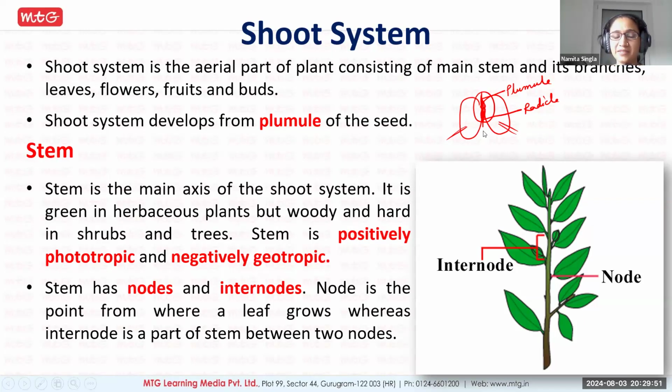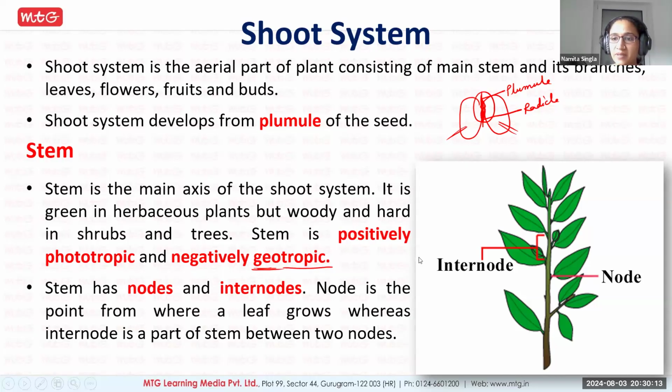Okay, Shaurya Agarwal. Yes, Shaurya. Ma'am, I didn't understand what negatively geotropic means. Negatively geotropic. Geo means earth, or we can say gravity. Tropic means response or movement. Tropism means movement. Geo means earth. So movement towards the earth. Negatively means showing negative response.